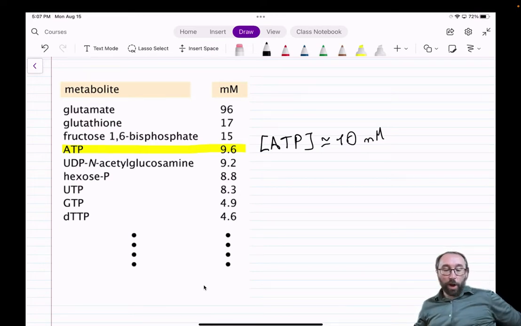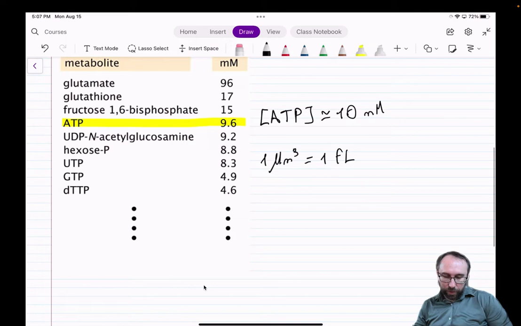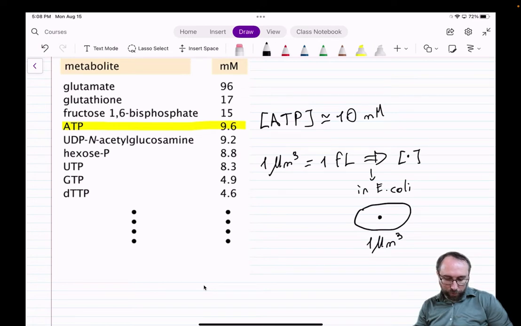Okay, so one interesting exercise for you to do is that 1 micrometer cubed, which we said corresponds to 1 femtoliter, is such that in E. coli, if you have a single molecule within this 1 micrometer cube volume, the concentration of that one molecule will be on the order of 1 nanomolar.